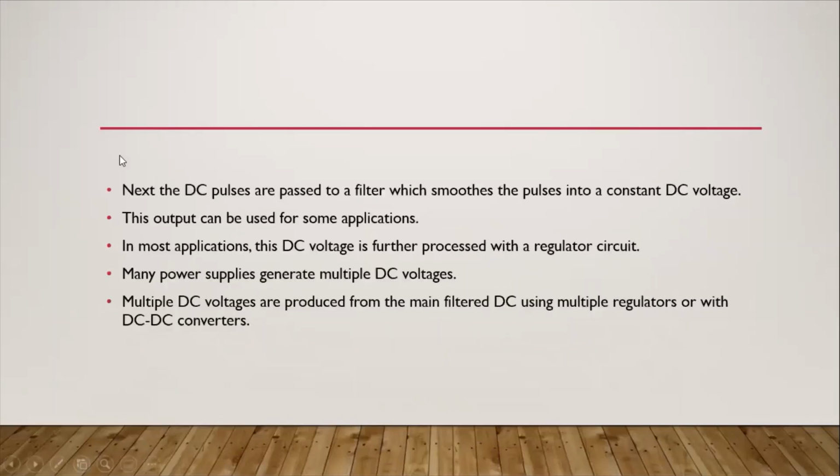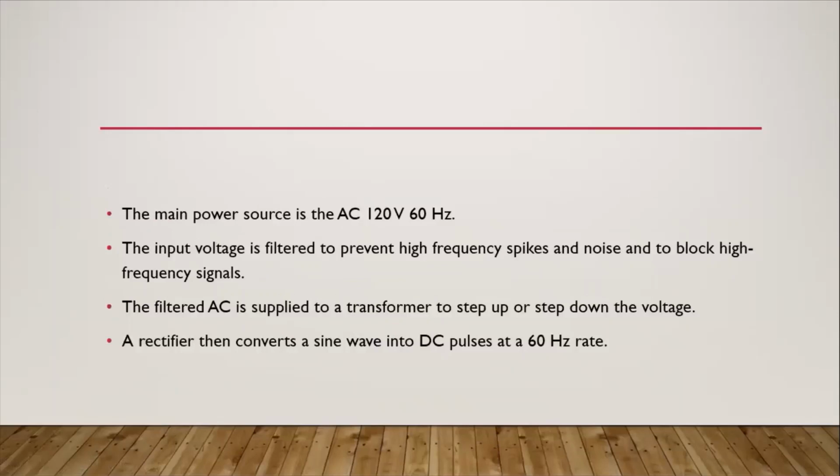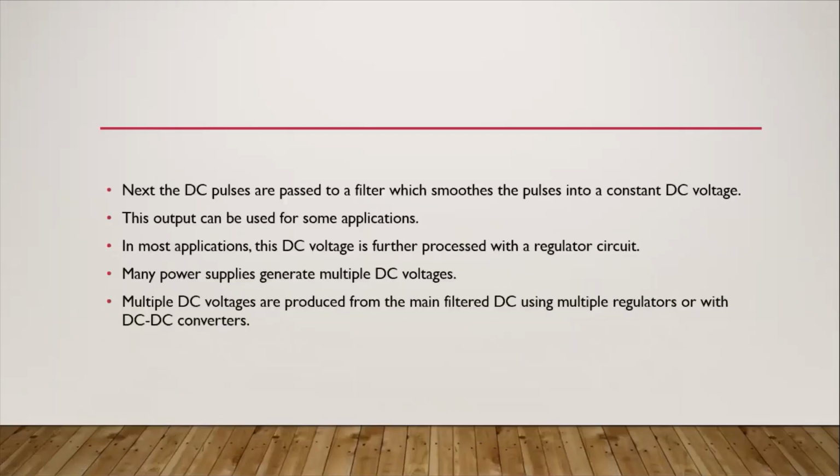After the rectifier, since na-convert na from AC sine wave into DC pulses at a 60 Hz rate, the DC pulses are passed to a filter which smoothes the pulses into a constant DC voltage.